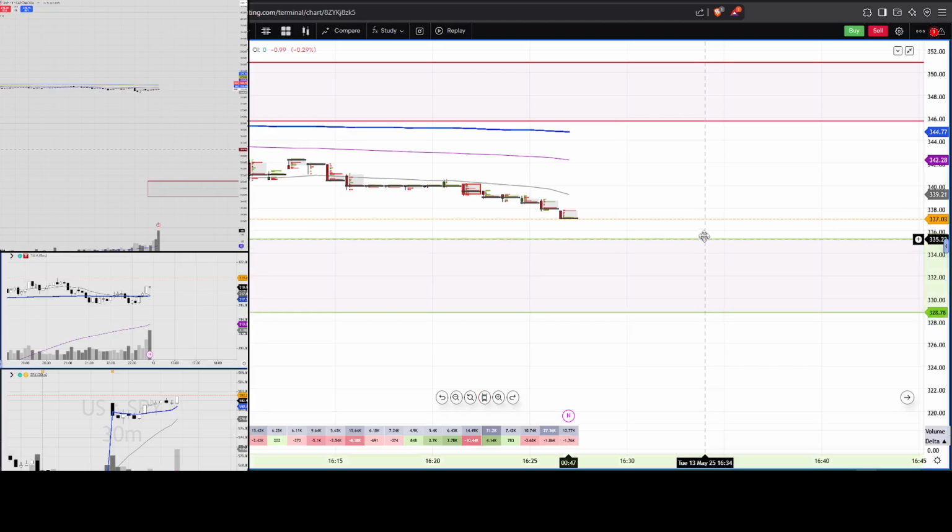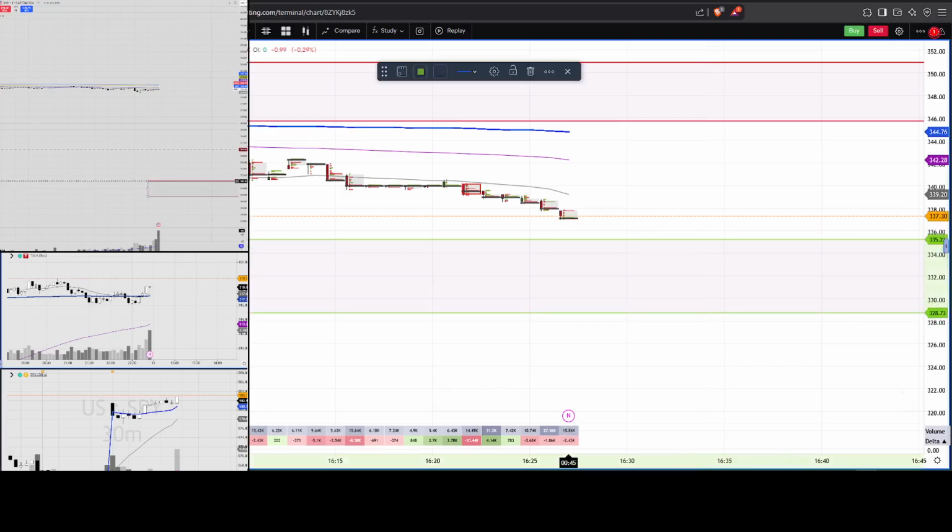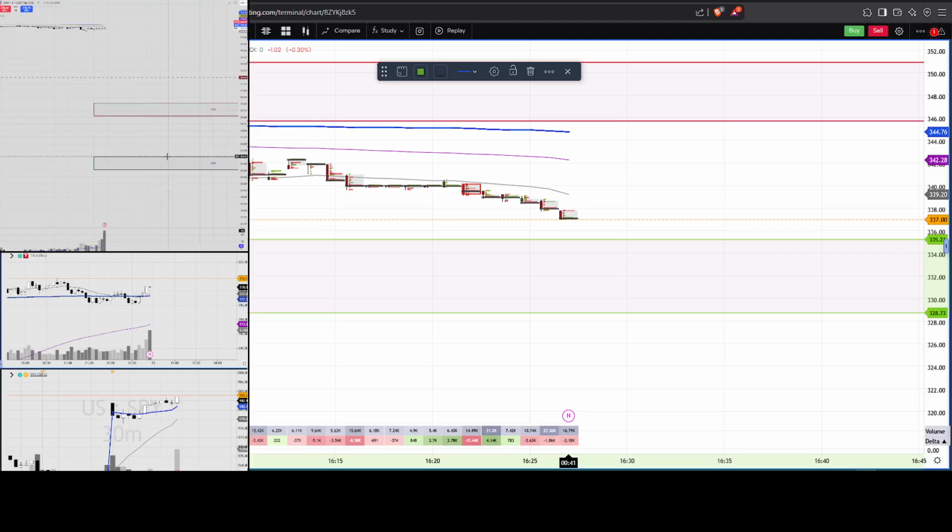So let's pull this up a bit. It's not breaking any of our rules. 335, let's pull this up a bit. Projected support. COVID lows, long term support, immediate support 335.